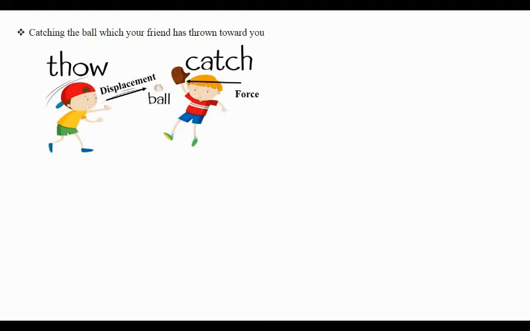In that case, the displacement and the force are opposite to each other, which means the angle between them is 180 degrees and the work done in that case is negative.